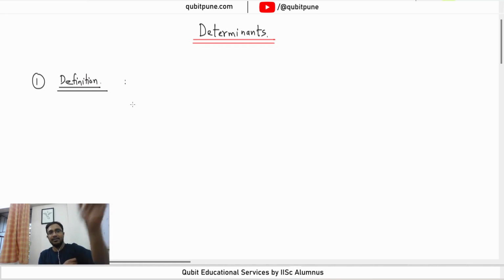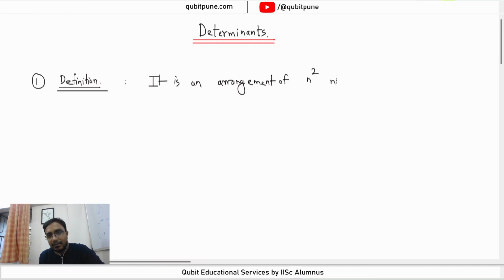Okay, so we can say that it is an arrangement of n squared numbers or functions in n rows and n columns.